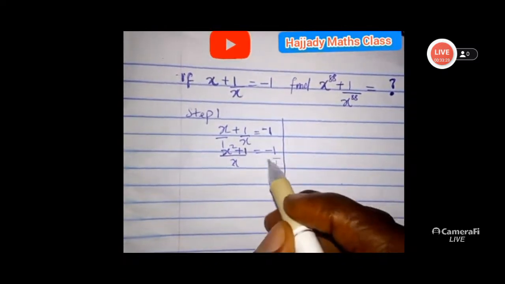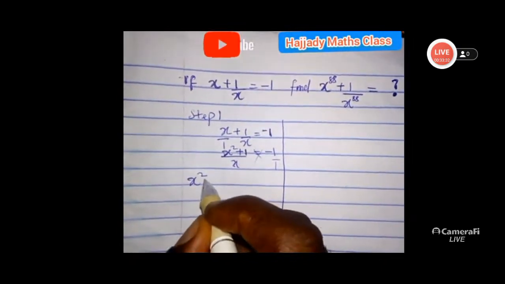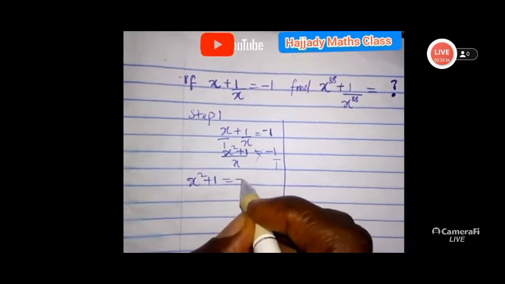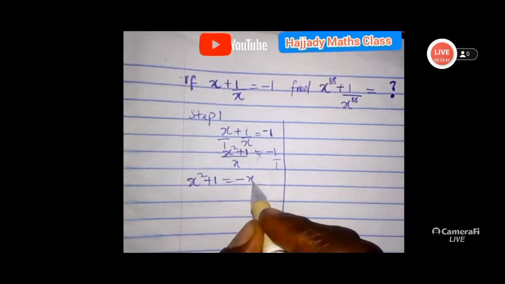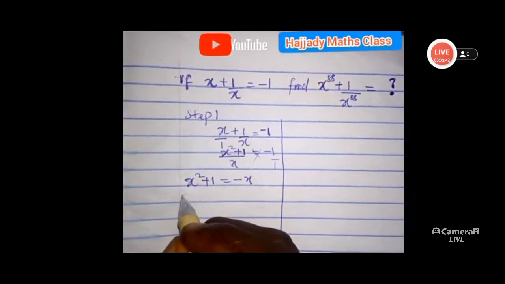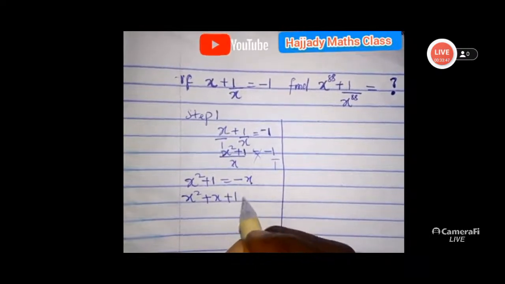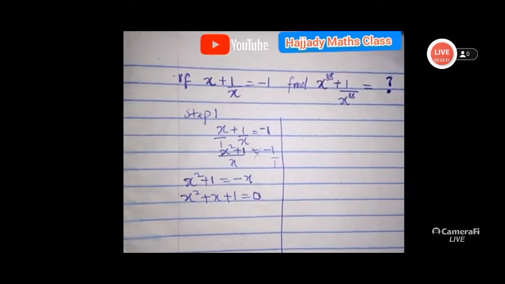Cross multiplying this, we have x squared plus 1 equals, this multiplying minus 1 gives minus x. So combining this into an equation, we have x squared plus x plus 1 equals 0. Let that be our first equation.